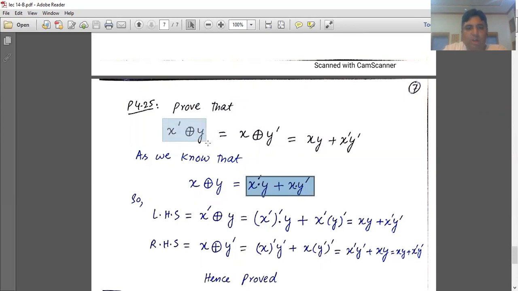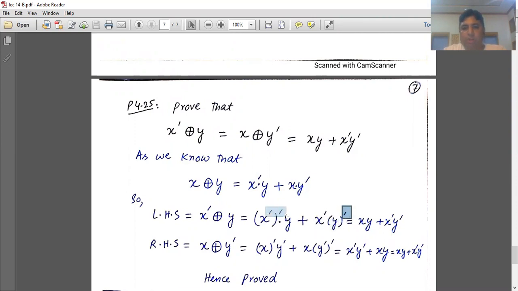So in this left hand side, our first variable is x bar and the other variable is y. So our x is x bar and our y is equal to y. So we will apply this on x bar y and x y bar.